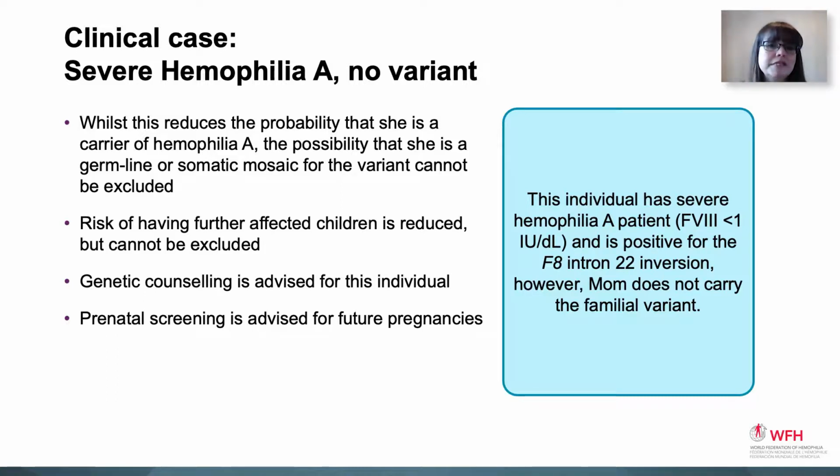Whilst this reduces the probability that she's a carrier for haemophilia A, the possibility that she's a germline or somatic mosaic for the variant can't be excluded. So the risk of having further affected children is reduced, but can't be entirely excluded. Genetic counselling is extremely advised for this individual, and prenatal screening is advised for all future pregnancies, and all pregnancies should be identified as at risk.